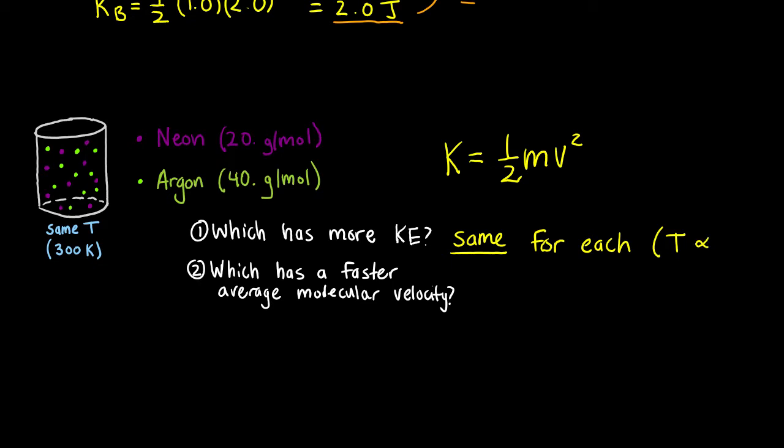Temperature is proportional to kinetic energy of the molecular sample, the average kinetic energy. The second question, which has a faster average molecular velocity? Now, although neon and argon are in a container with the same temperature and therefore have the same kinetic energy, they are not moving with the same average molecular speed in that container.